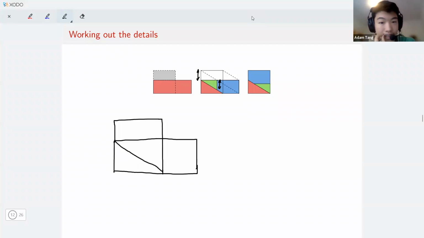Let's say in the original rectangle, the base is B and the height is A, so A by B, and we want to turn that into a square. We already figured out that the side length of the square that we want is root AB. So how do we make sure that this length is possible?